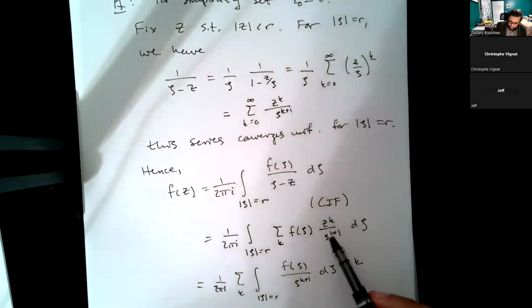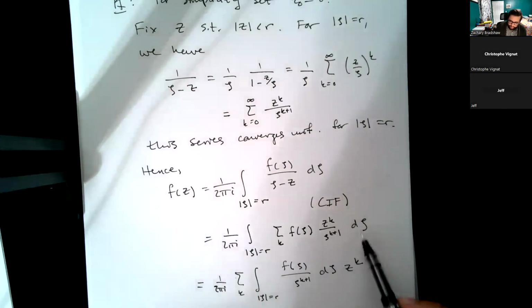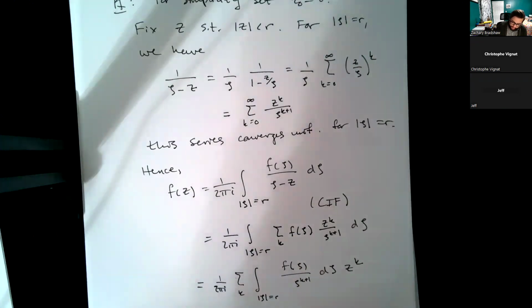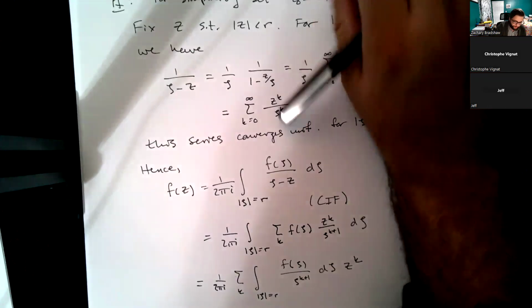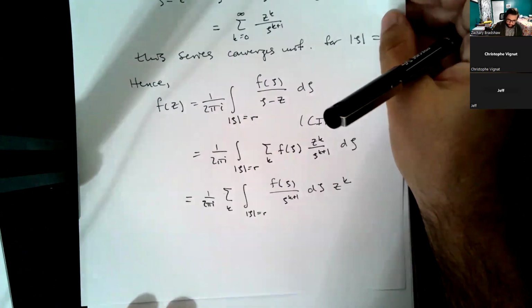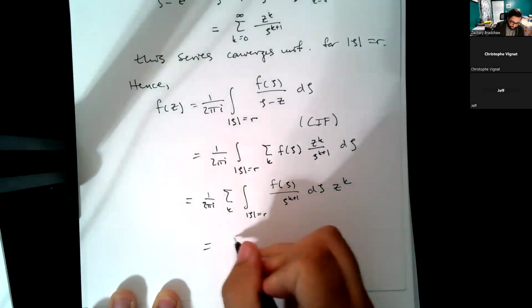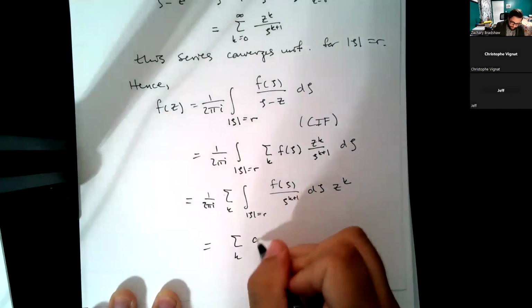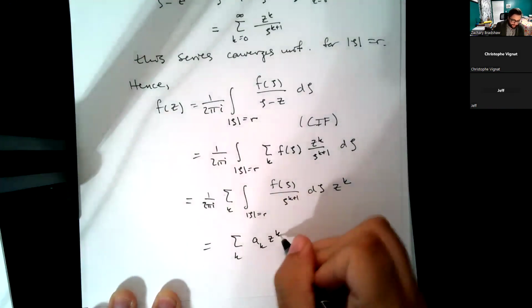And the z is irrelevant to the integral, which is over zeta. And so this must be equal to the sum over k, a_k z to the k.